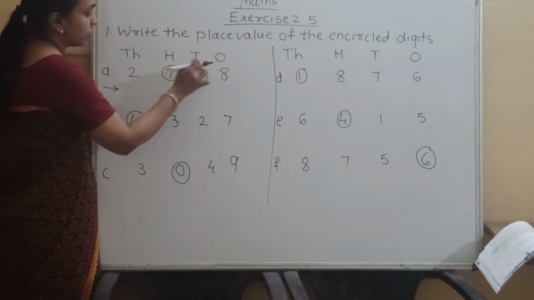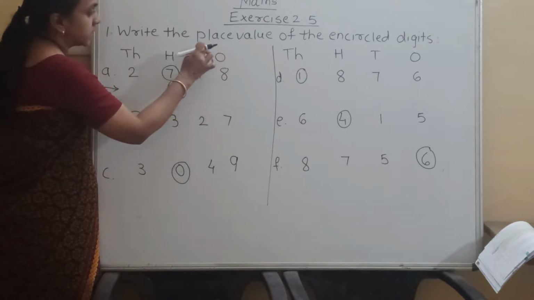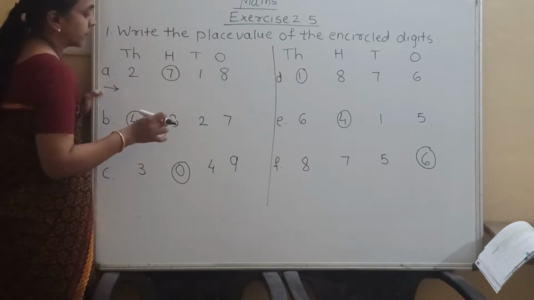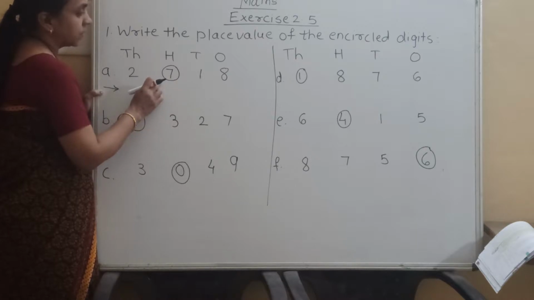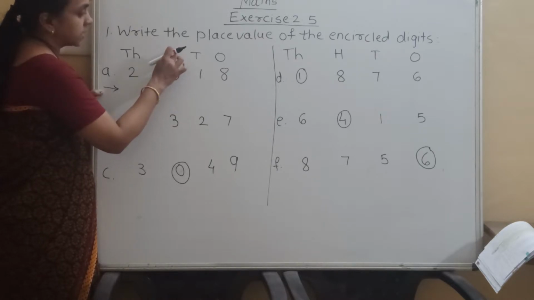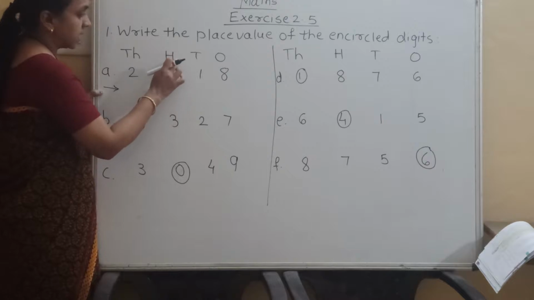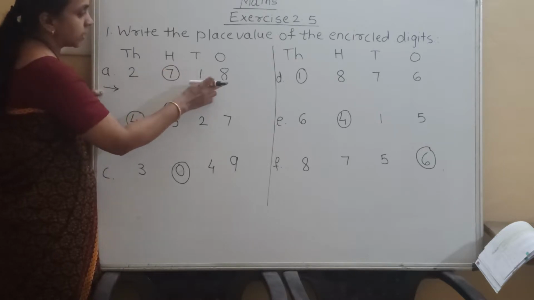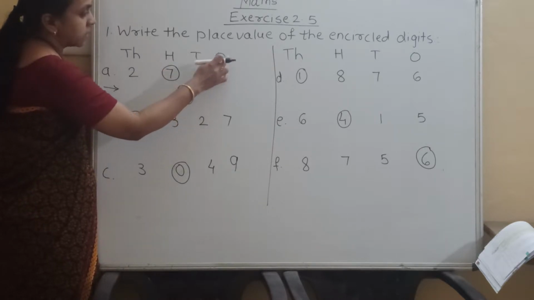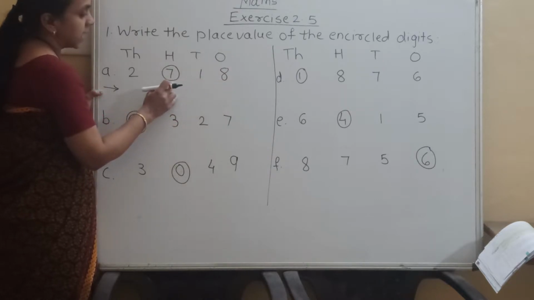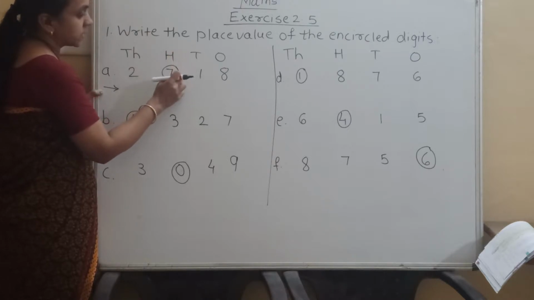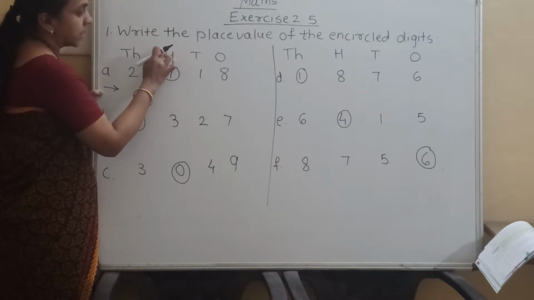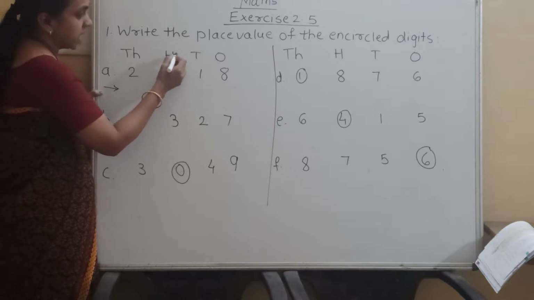Okay, so we can see here ones, tens, 100, 1000. Where is the circle? The circle is on the hundreds place. Which digit is in that circle? 7. So we have to find out the place value of this 7. We start with ones, tens, hundreds. The 7 is at the hundreds place, so 700.